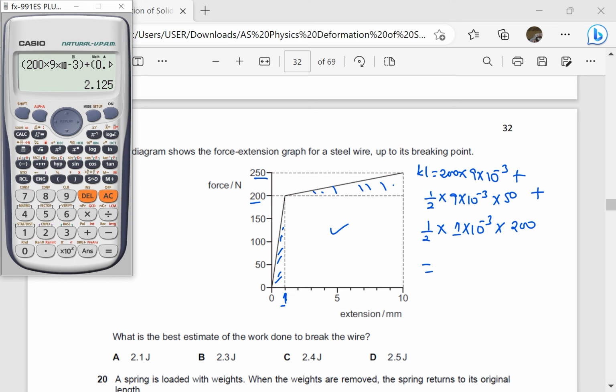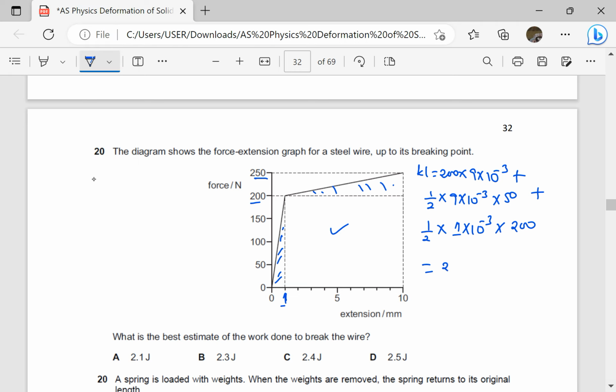So this is giving me 2.125 joules. So the answer is going to be A.